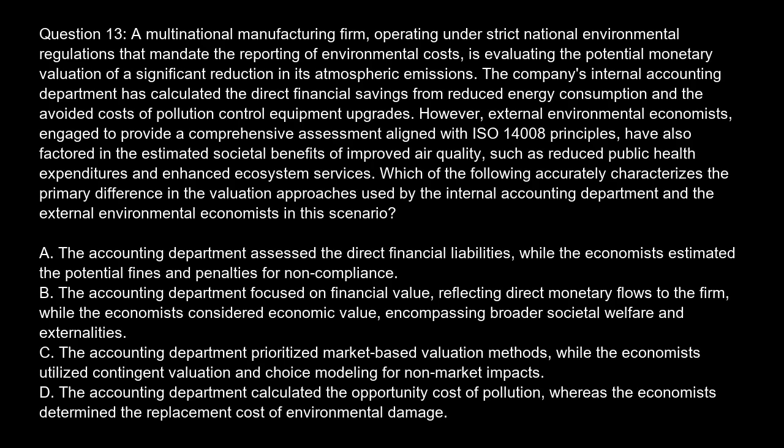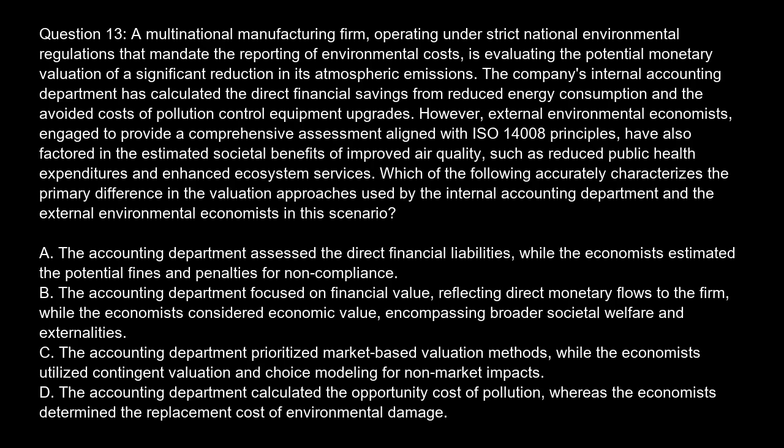Which of the following accurately characterizes the primary difference in the valuation approaches used by the internal accounting department and the external environmental economists in this scenario? Option A. The accounting department assessed the direct financial liabilities, while the economists estimated the potential fines and penalties for noncompliance. Option B. The accounting department focused on financial value, reflecting direct monetary flows to the firm, while the economists considered economic value, encompassing broader societal welfare and externalities.